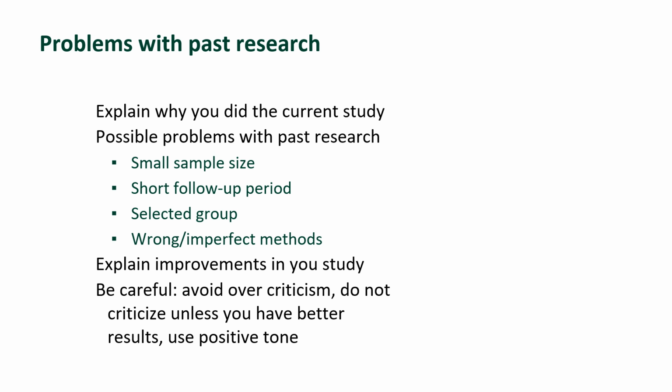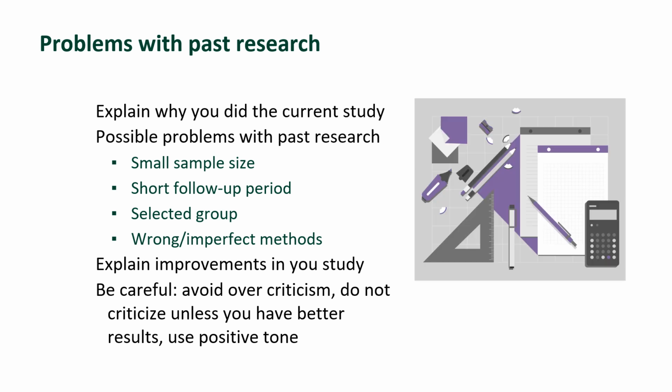So you have to be very diplomatic in the way you do it. But if you have to criticize, then put it clearly with clear evidence. And then the reviewer can also be convinced, because they are researchers themselves, so that's okay. So the problems with the past research is what you do next.